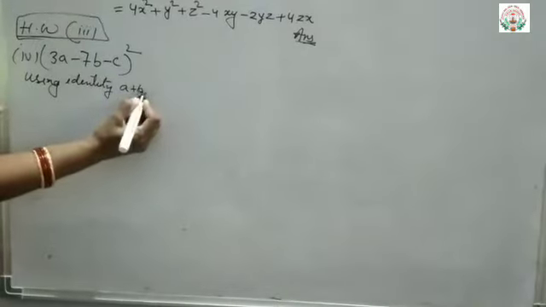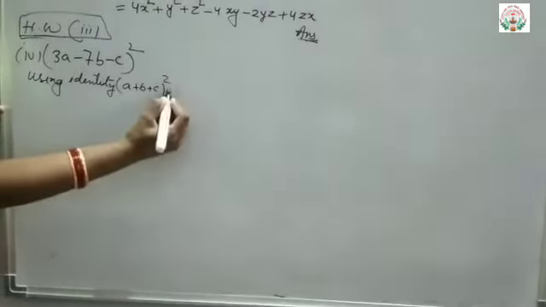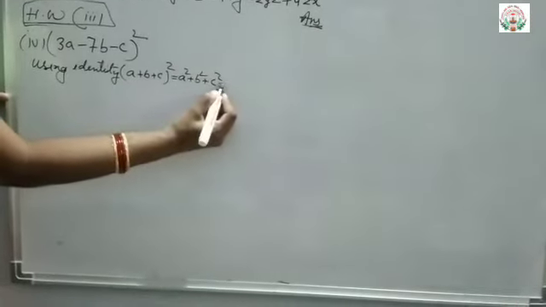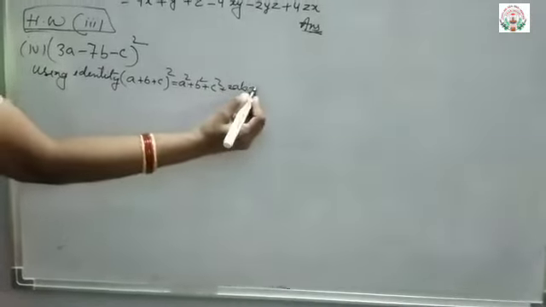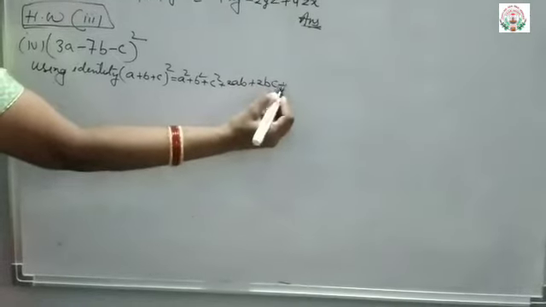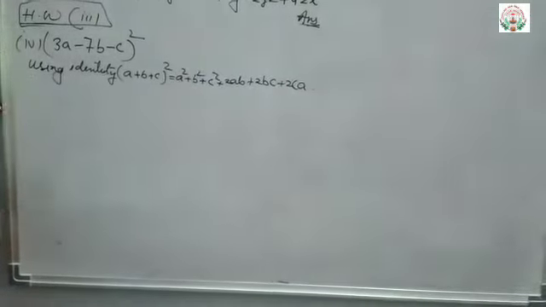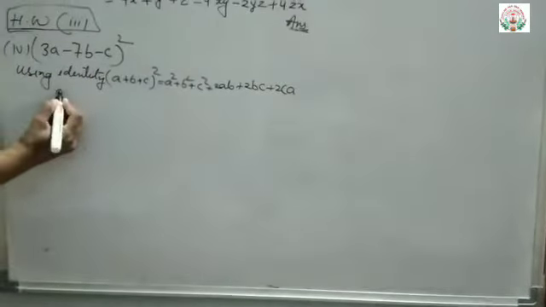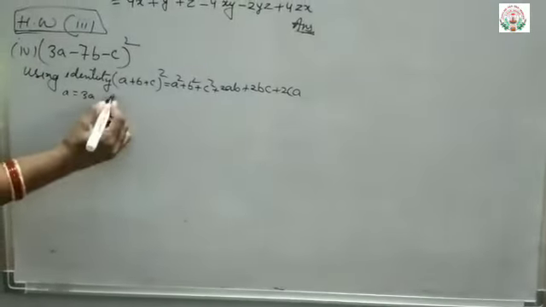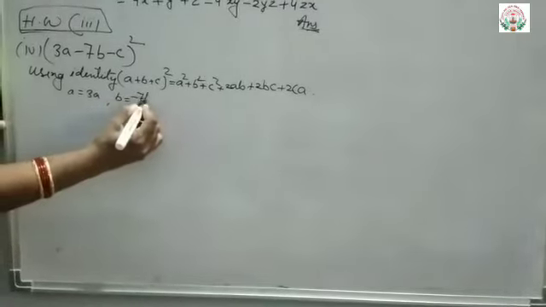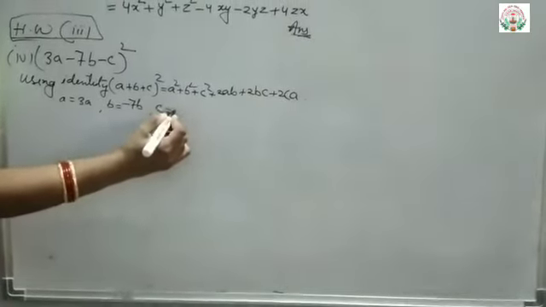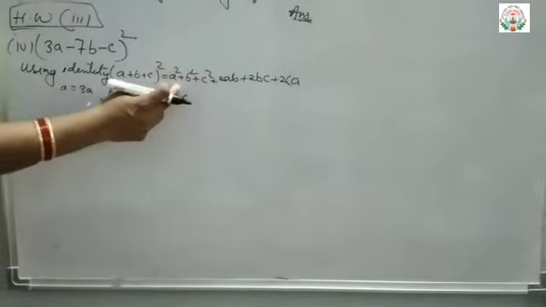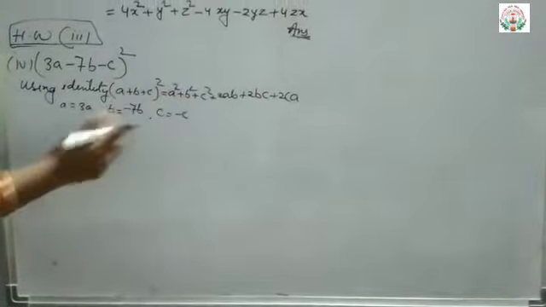A plus b plus c whole square, which is equals to a square plus b square plus c square plus 2ab plus 2bc plus 2ca. Now on comparison with this, a is what? 4a, b is what? Minus 7b, and c is what? Minus c. Now put the values here in this formula identity.